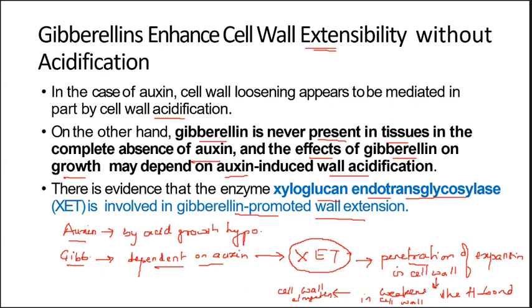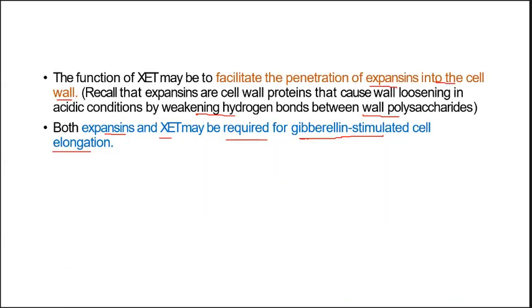Expansin's role we all know, it weakens the hydrogen bond in the cell wall, as a result of which the cell wall elongates. So both Z and expansins are required for gibberellin induced cell wall extension. Okay.